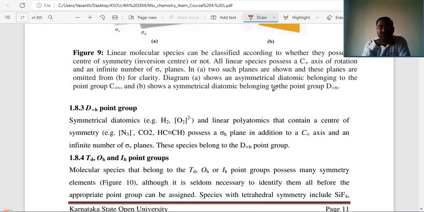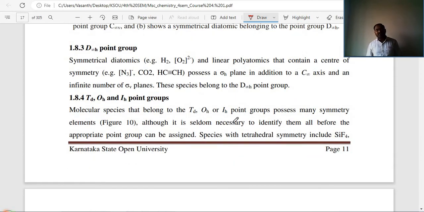All linear molecules possess a C infinity axis of rotation and an infinite number of sigma v planes. In the D infinity h point group, there are symmetric diatomic molecules like oxygen and hydrogen, and linear polyatomic molecules that have a center of symmetry. These molecules possess a sigma h plane in addition to the C infinity axis and an infinite number of sigma v planes.